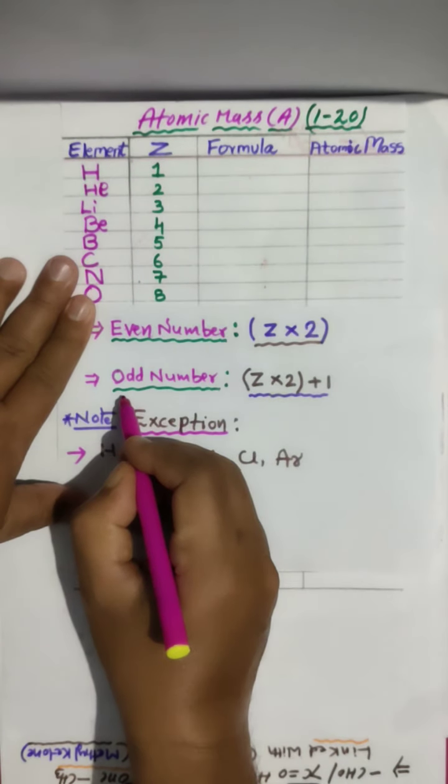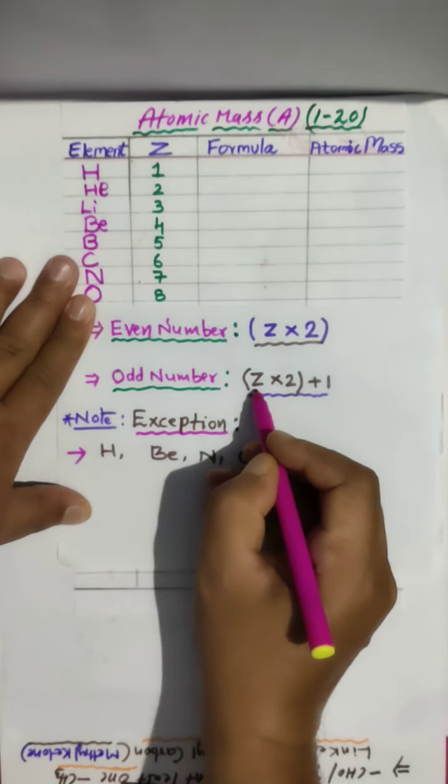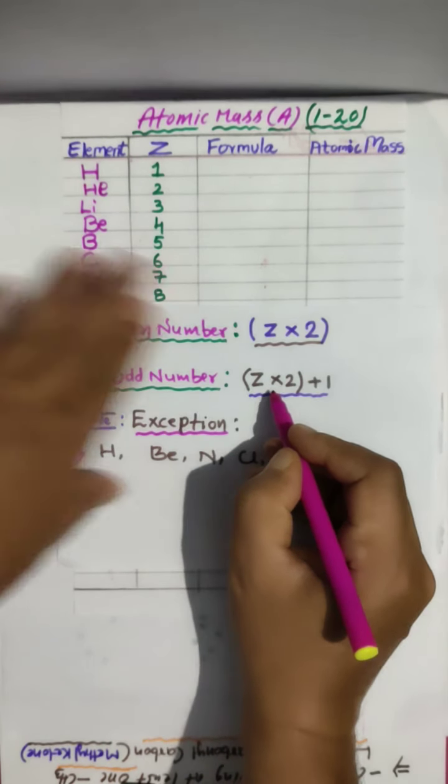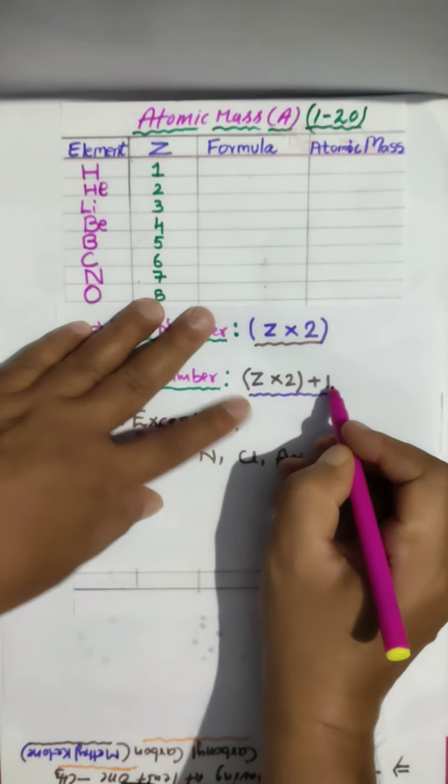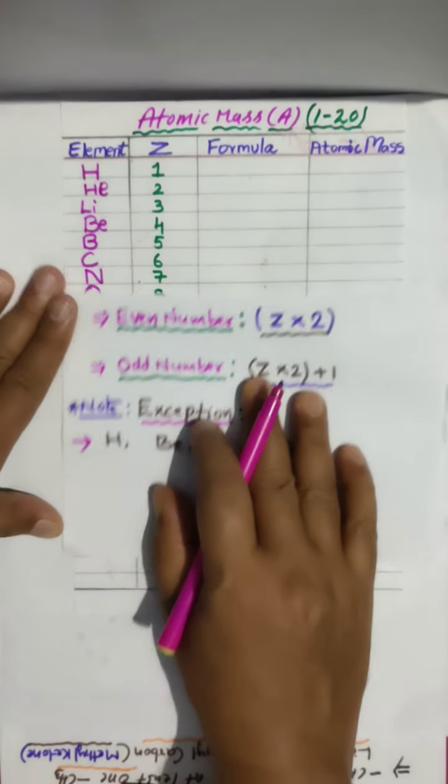If Z is an odd number, then use Z into 2 plus 1, meaning atomic number into 2 plus 1. That you have to use.